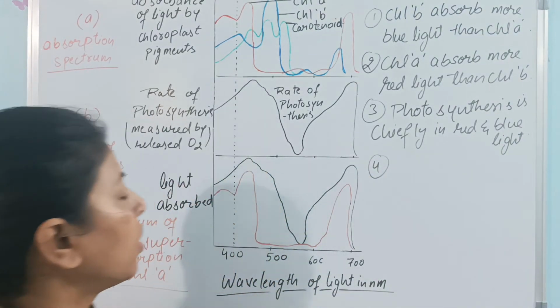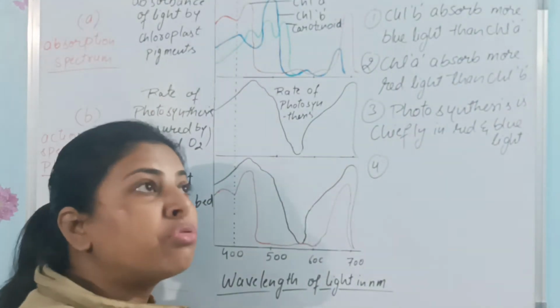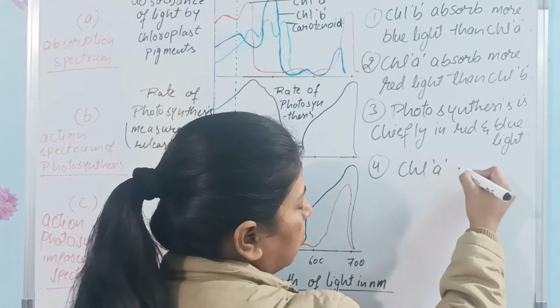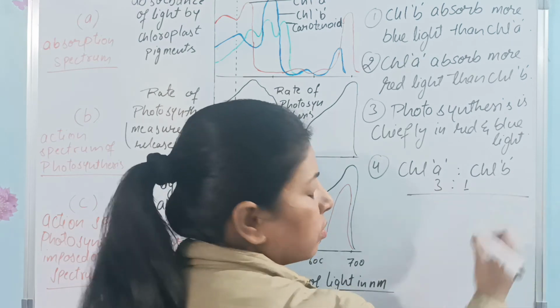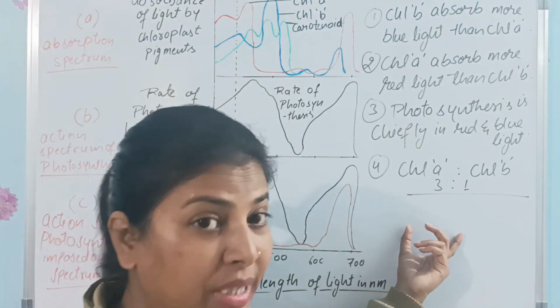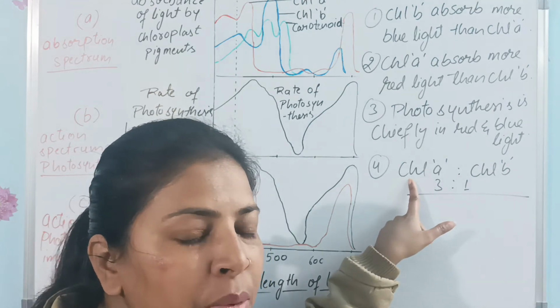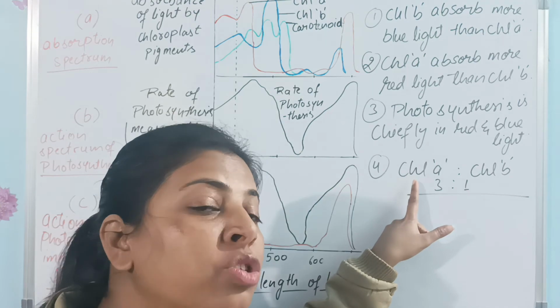Next, the fourth. In higher plants, chlorophyll A is approximately 3 times chlorophyll B. If chlorophyll A is approximately 3 times, then which color of wavelength do the pigments absorb? That means plants show more photosynthesis in which color of wavelength?